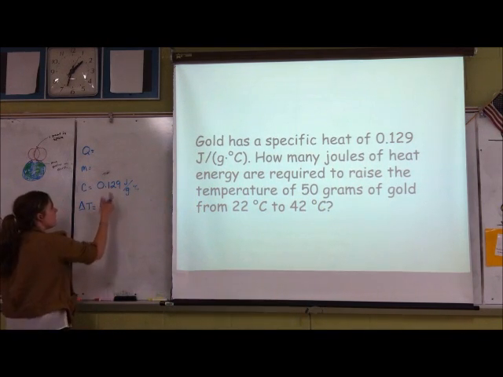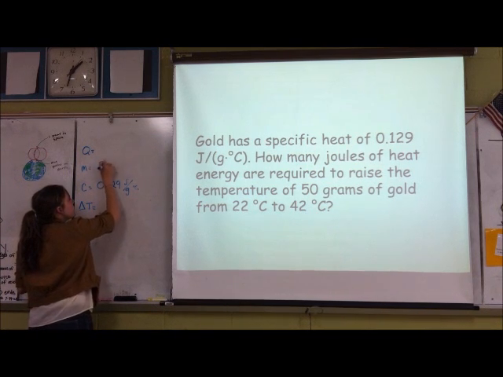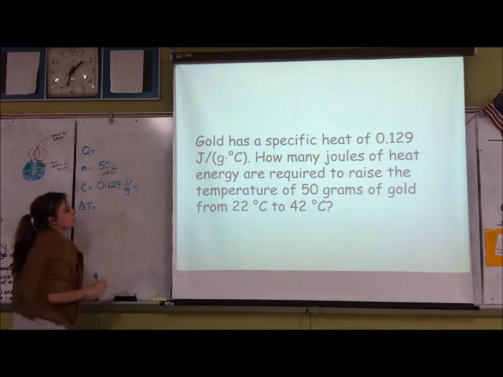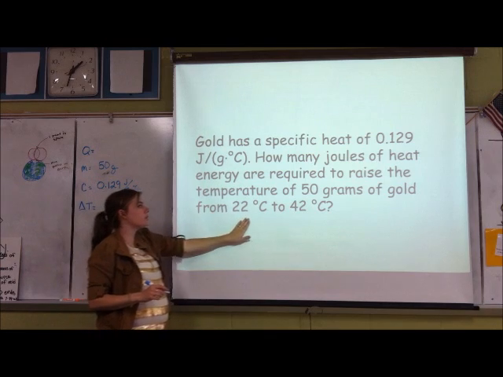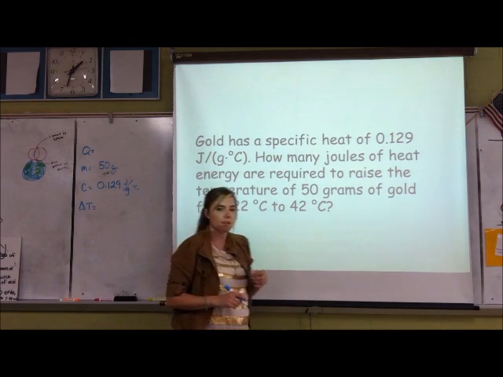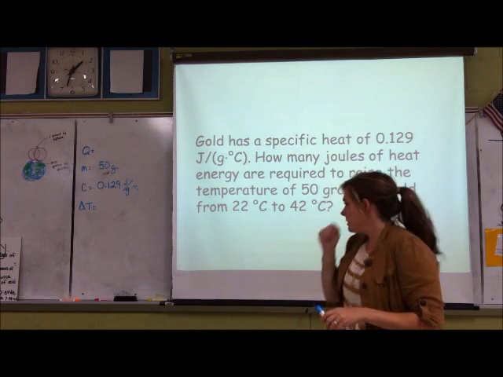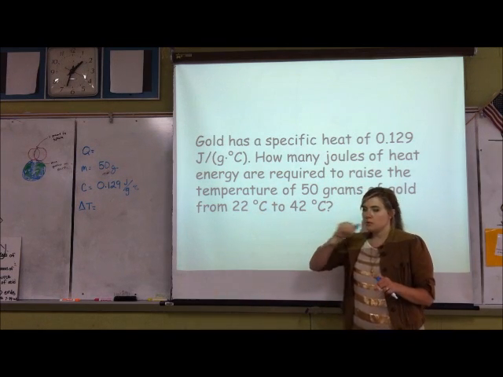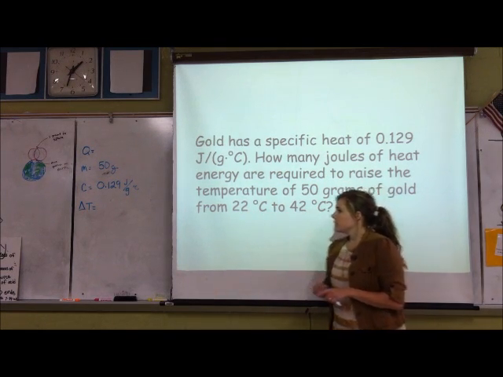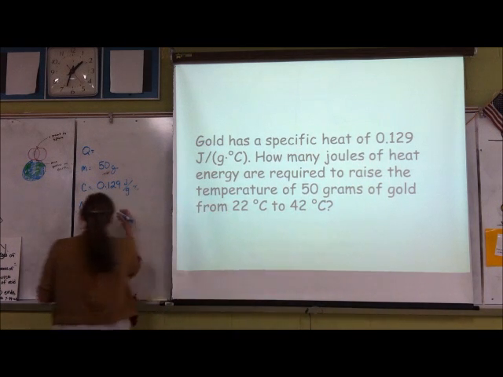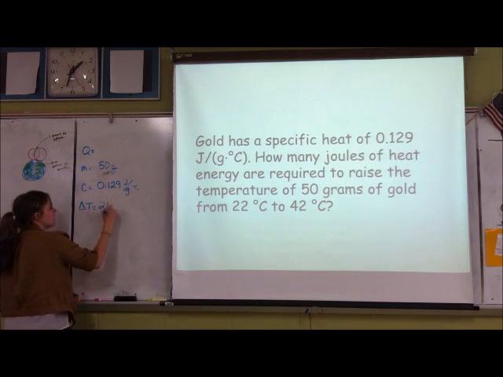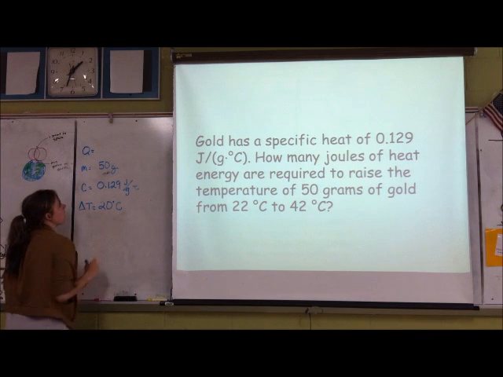So mass is 50 grams, from 22 degrees Celsius to 42 degrees Celsius. The change in that is 20 degrees, so our delta T is 20 degrees Celsius.